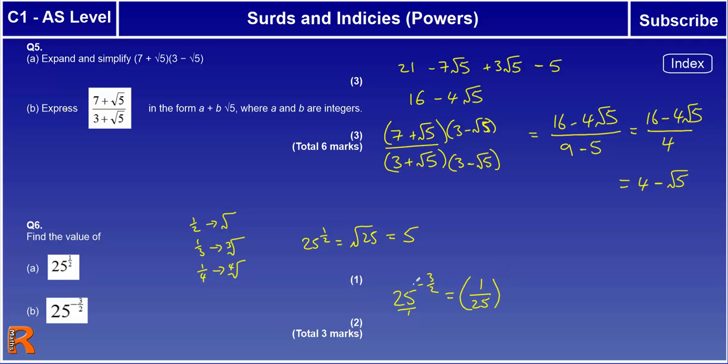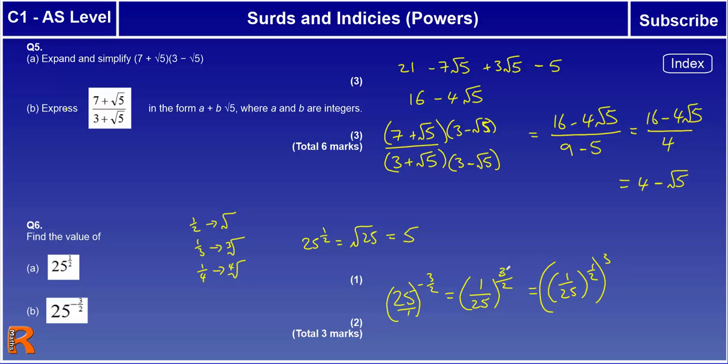Essentially, we're considering 25 to be a fraction, 25 over 1, and then we turn it upside down to get 1 over 25. So that gets rid of the minus sign, and we've still got to do the 3 over 2. What we're going to do there is break it down into two sections. We're going to do the bottom of the fraction first, so 1 over 25 to the half, and then we're going to do that to the power of 3.